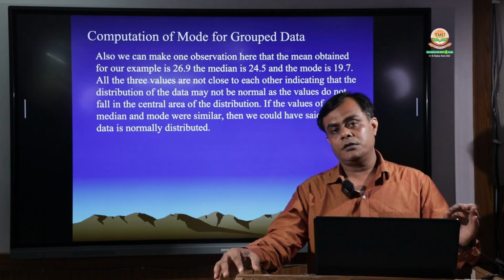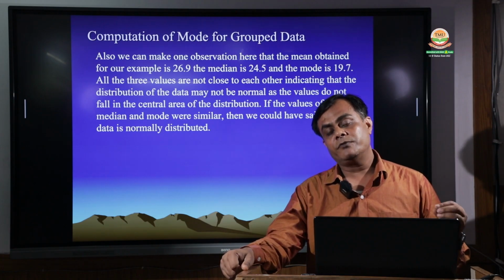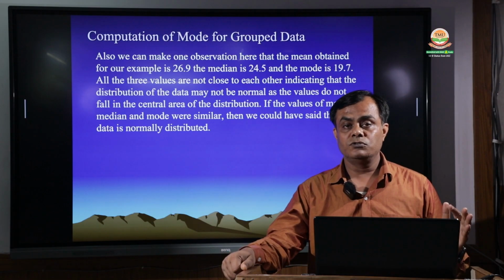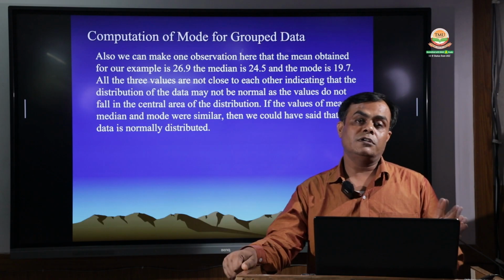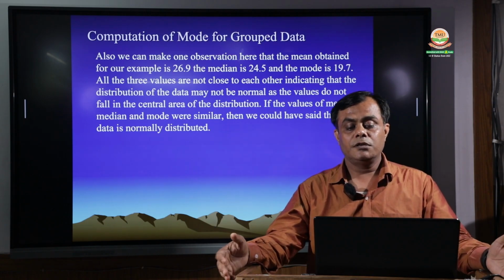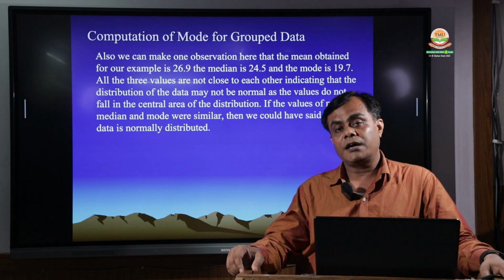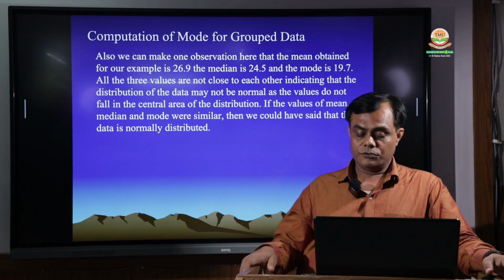Here you should give emphasis to this remark. And here we can see that there are high differences between the mean, median and mode values, so the data is highly not normally distributed.